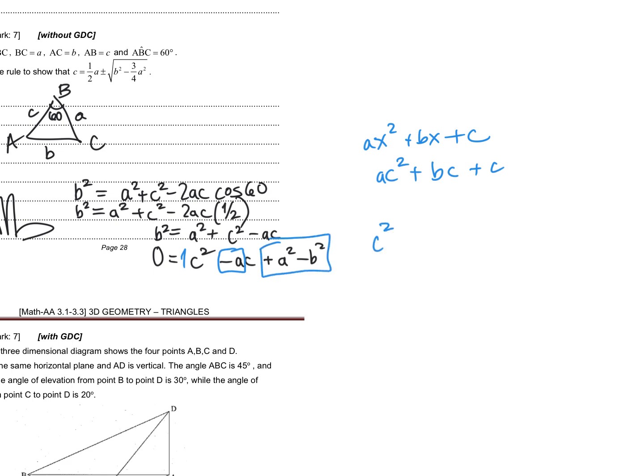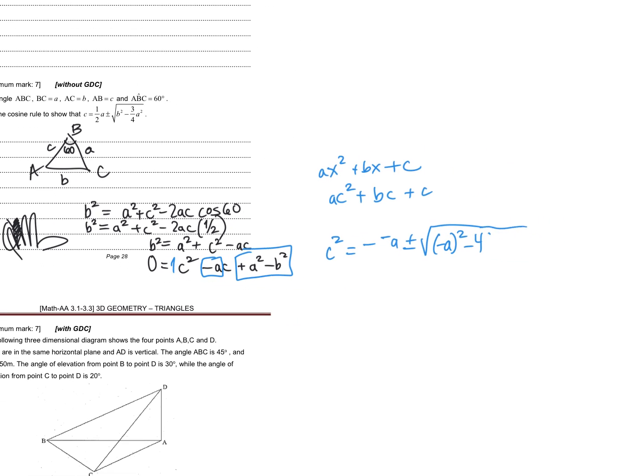So we're going to have c equals negative b, which is negative a, plus or minus the square root of b squared, so negative a squared, minus 4, a is 1, and c is a squared minus b squared, and that's all over 2a.